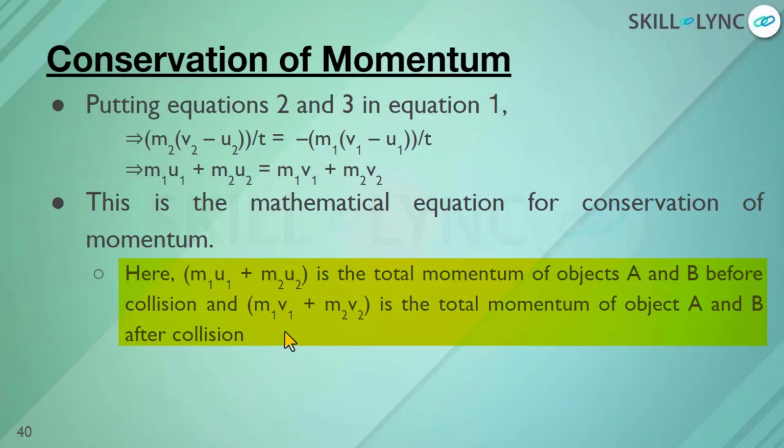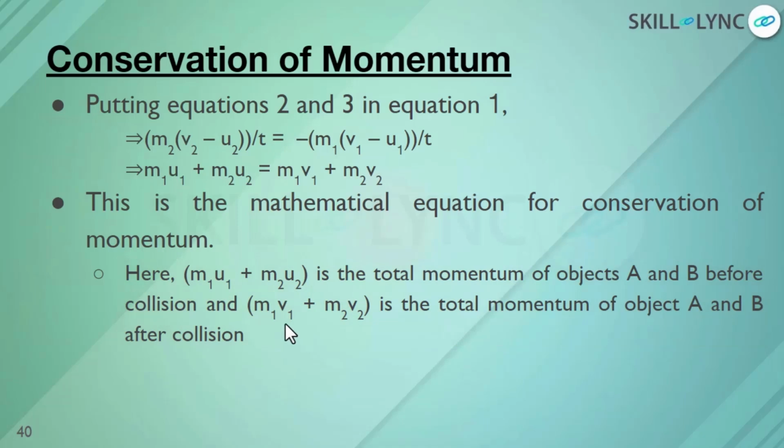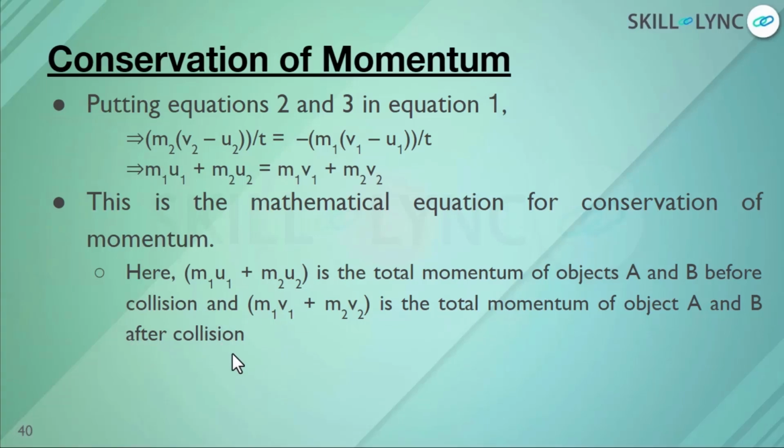Similarly, m1 v1 plus m2 v2 is the total momentum of objects A and B after collision. As we know, v is the final velocity of the objects A and B. Thus, from this last point, we need to understand what collision is and how it happens.